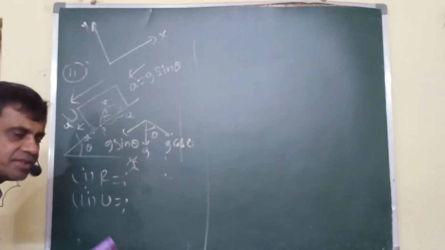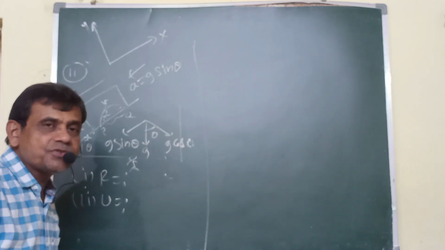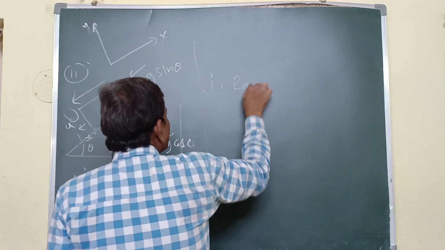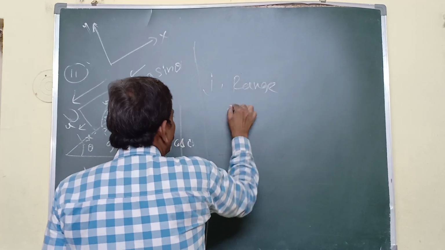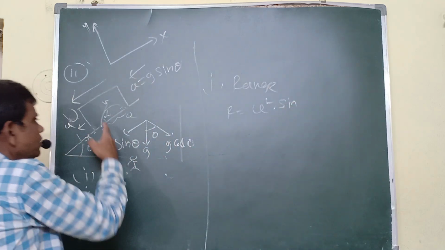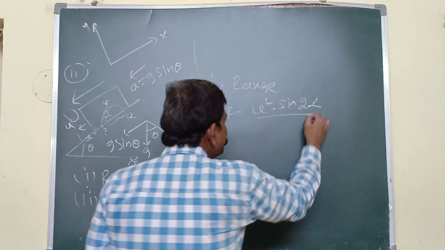Now what is the formula for range? Generally for oblique projection, range is u square sin 2 theta by g. So in this case, with theta equal to alpha, R equals u square sin 2 alpha by g.